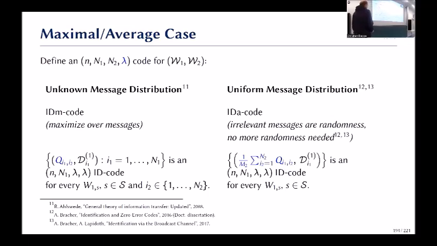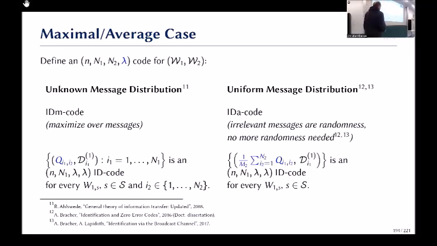This is done by Ahlswede in his paper on the general theory of information transfer updated. Or you say you already have a uniform message distribution. That means you already have some randomness in the distribution of your message. Then here I call it an IDM code. So we have to maximize over the messages.